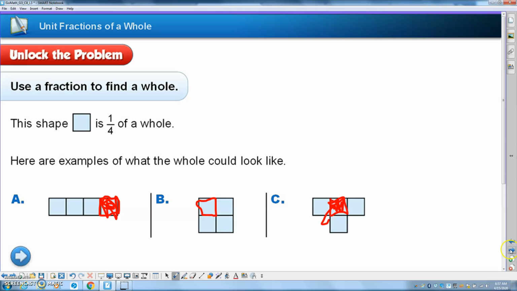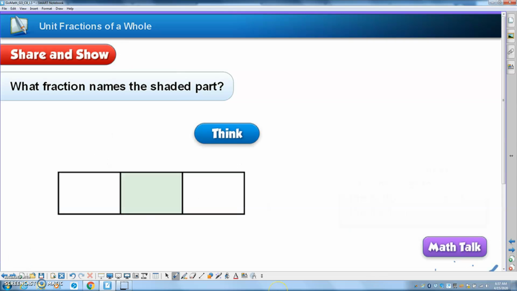So let's go to our next page. In this, we have a whole and we have a shaded part. Let's go with green this time. To show this fraction, I'm going to make my fraction bar. I know I'm going to have a number below and a number above.